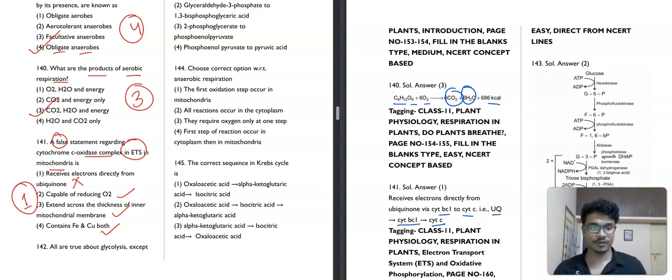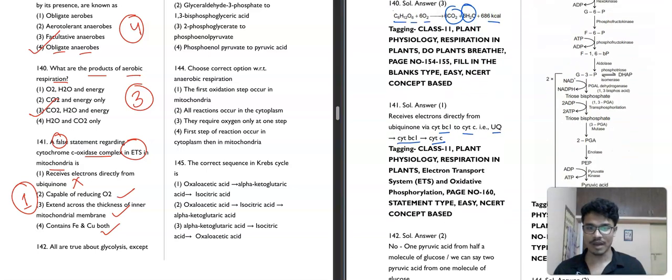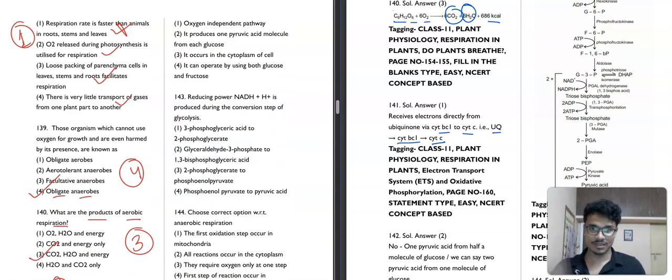The next question 142 is saying that all are true about glycolysis except. Let's read the statements. First is oxygen independent pathway. Is it true? Absolutely, because glycolysis occurs in the cytoplasm, where will it get oxygen from?